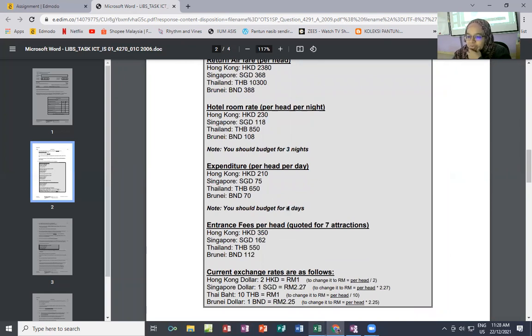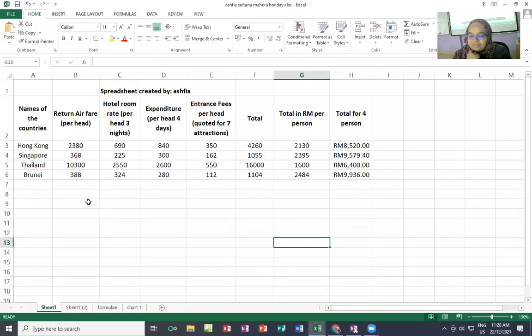First thing first, I saw some students write HKD, SG, Thai baht, all this inside here. No need. What you need to have is just RM here. I want to know in RM. The question was asking for RM.